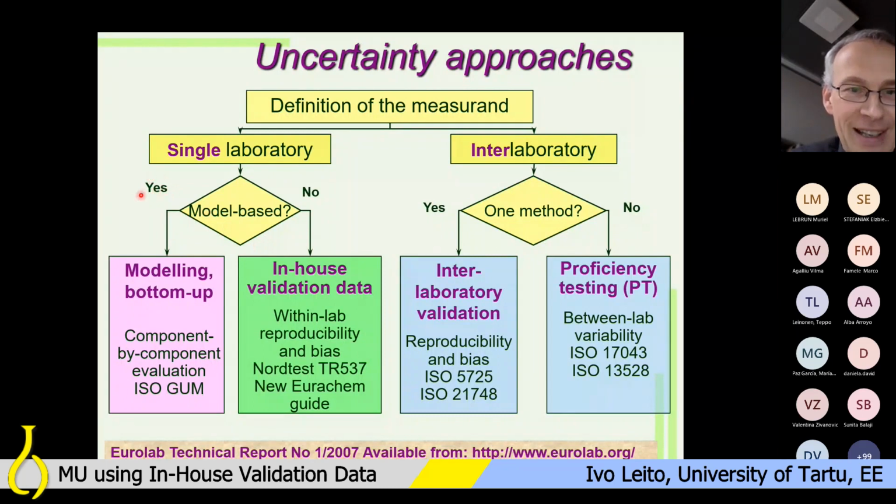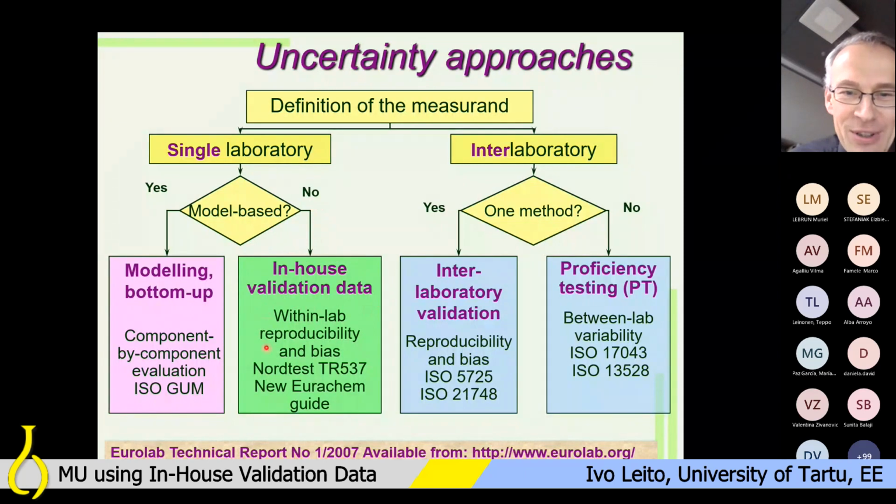If a model is necessary and if the uncertainty evaluation goes on the basis of the model, then we speak about the so-called modeling approach, oftentimes also called the component-by-component bottom-up approach, also the traditional or classical ISO GUM approach.